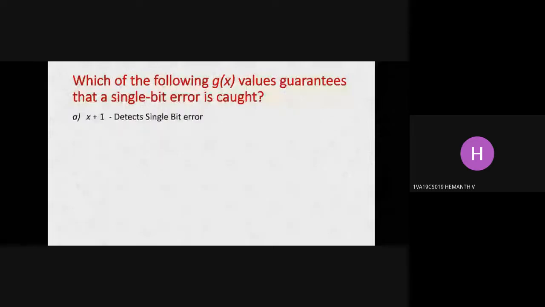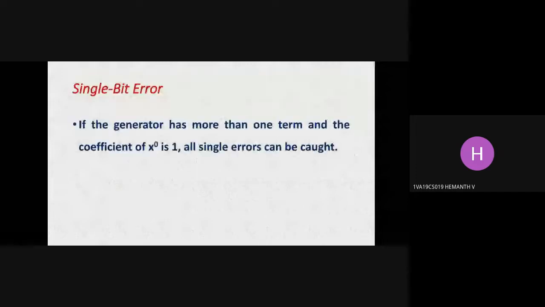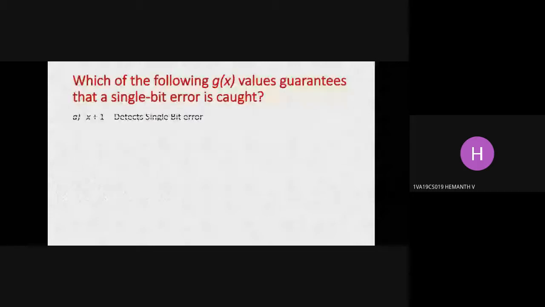The first one, x plus 1, detects a single bit error. We already saw that if the generator has more than one term and the coefficient of x power of 0 is 1, then all single errors can be caught. So x plus 1 detects single bit errors.